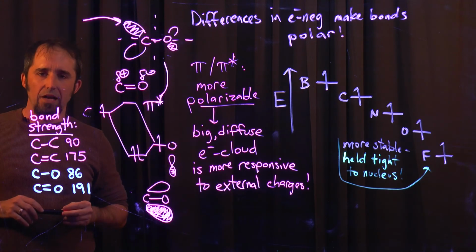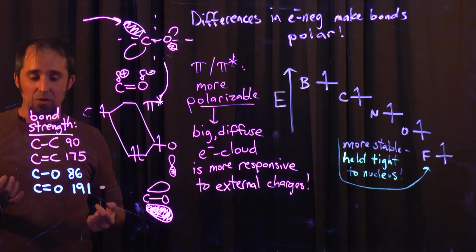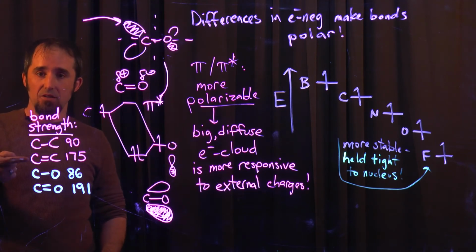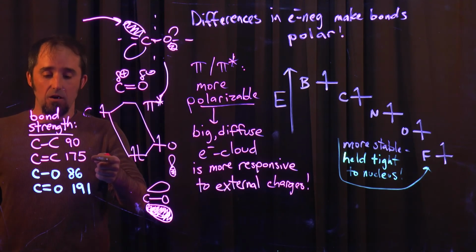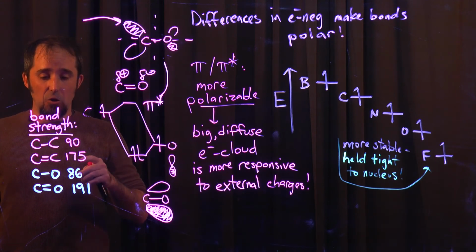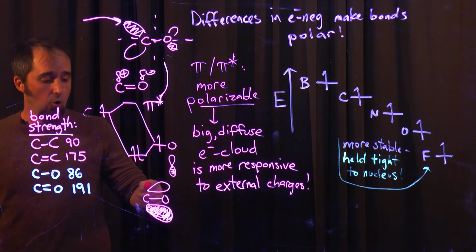One last thing to point out. When we talked about sigma and pi bonds for carbon, I took pains to point out that a carbon-carbon double bond was not quite twice as strong as a carbon-carbon single bond. And I justified that by saying, well, pi orbitals have weaker overlap.